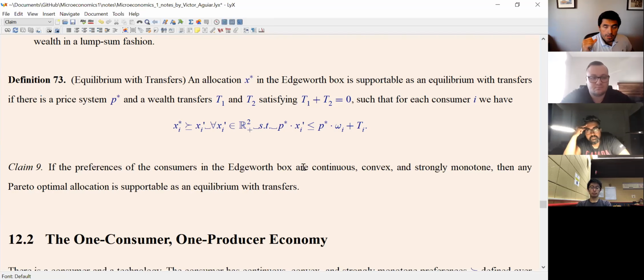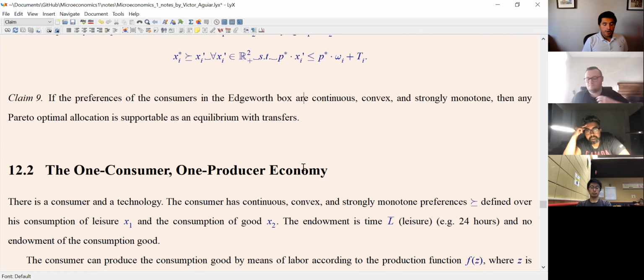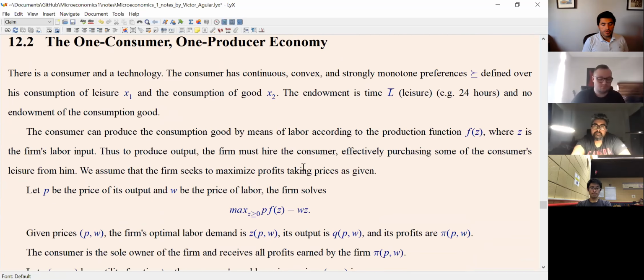Okay, so let's go to the consumer and producer economy. So instead of now having two agents that don't have production, just free disposal, and have a means to exchange, now let's study this typical kind of macro-ish model where there is one consumer and one producer, okay? So this is another example of a general equilibrium model, and this shows up a lot in macro.